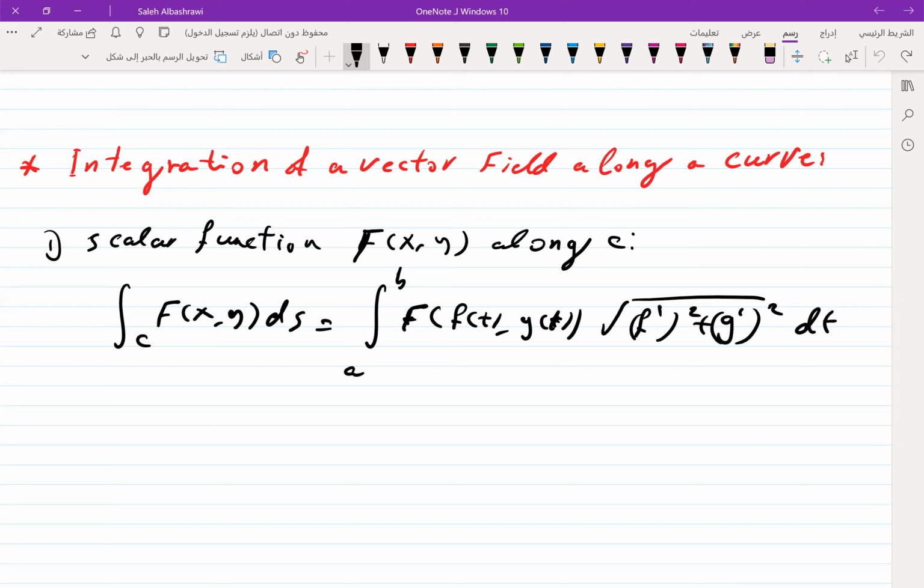In this part, we are going to speak about the vector field. We need to integrate a vector field along a curve C. So this will be the second type. Definition: F is a continuous vector field.